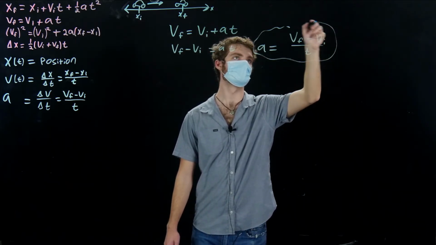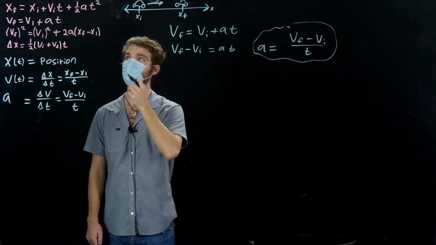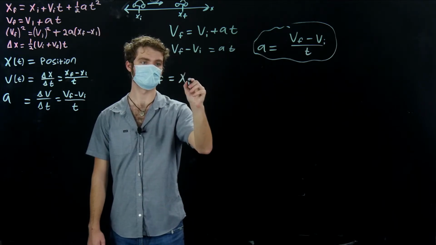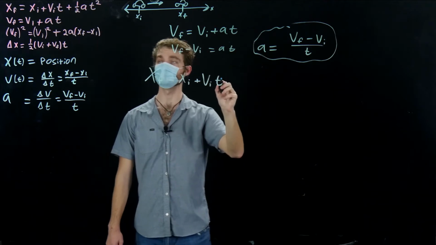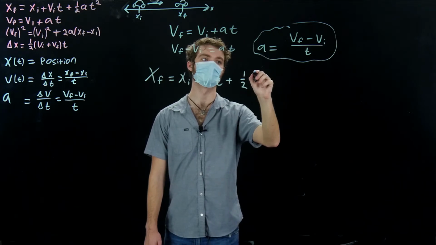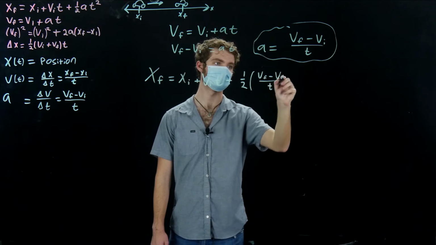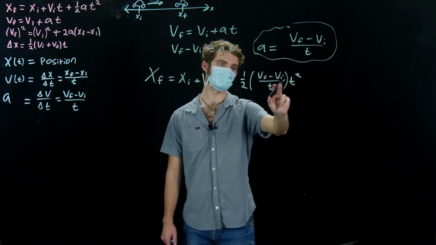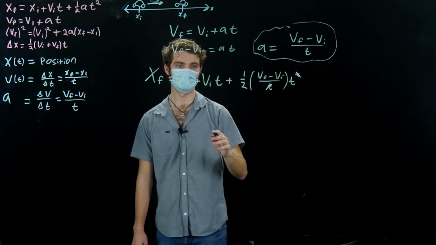Whoa. So use that and plug that into our kinematic equation, and we have x final equals x initial plus v initial times time plus 1/2 times v final minus v initial over time, times t squared. And so we've got the squared here, we've got over time, can cancel out one of the t's, algebra.